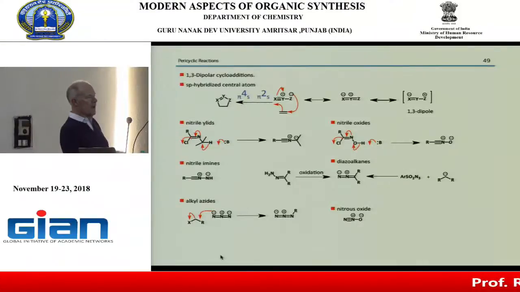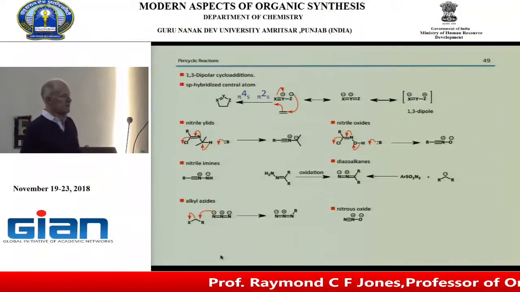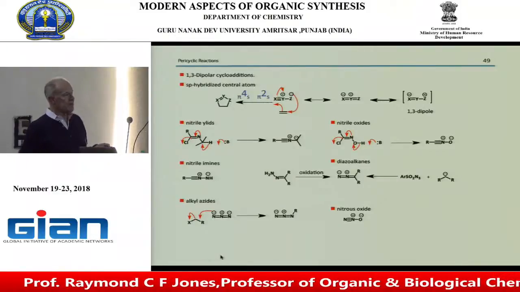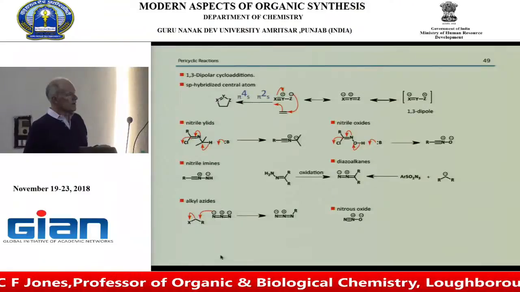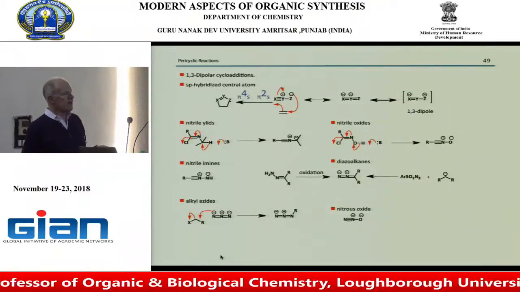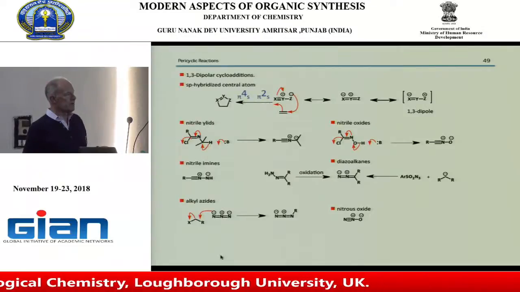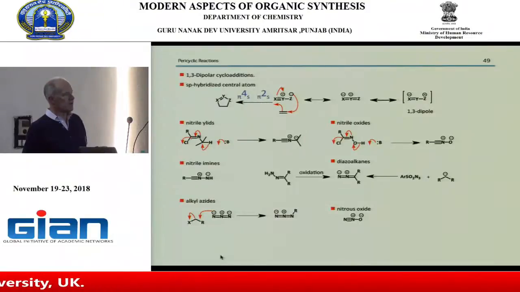Nitrous oxide, a gas, is actually an NNO dipole, but doesn't really fit comfortably into organic synthesis considerations. That's alkyl azides. Here, diazoalkanes, which are CNN dipoles, a bit like the nitrile imines, but at a different oxidation level.